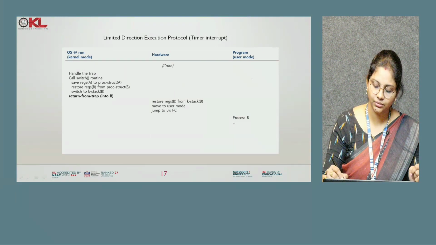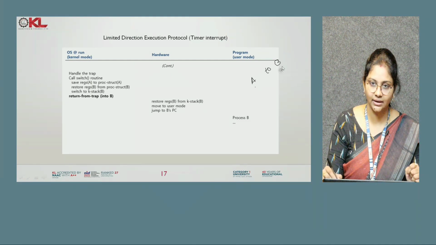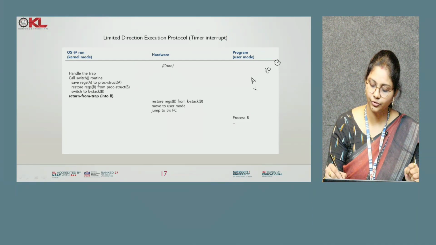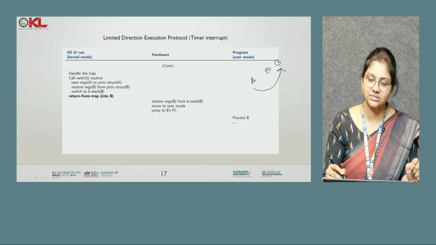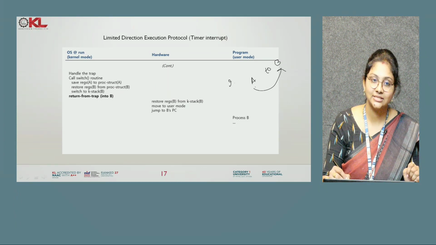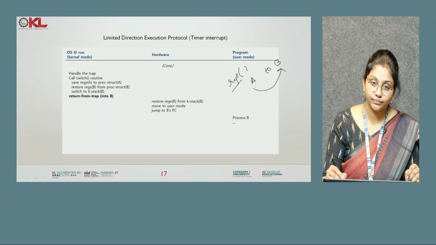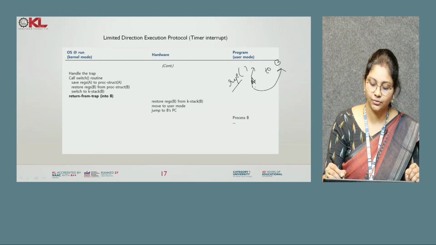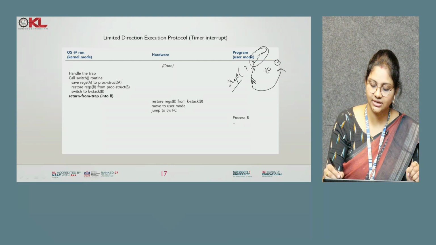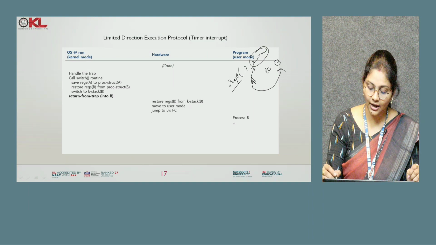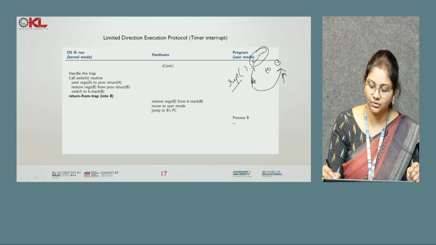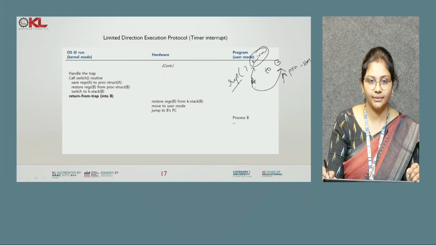So as I told you, the process names are A and B, right, and moving from A to B, it has to save all the registers, stack values, PC values, etc., and then the status of A will be removed. So the execution status will be removed.